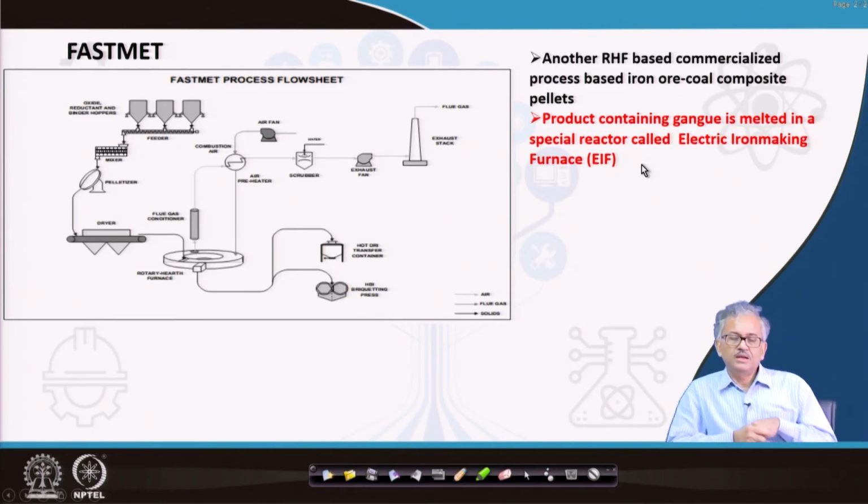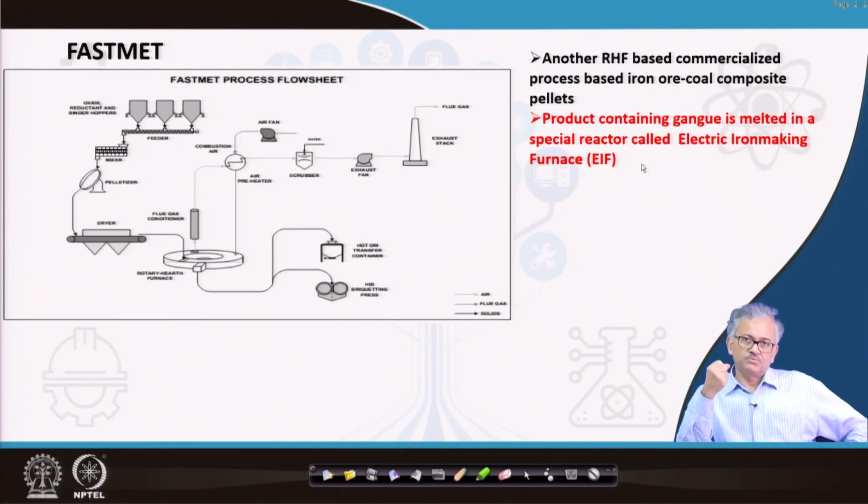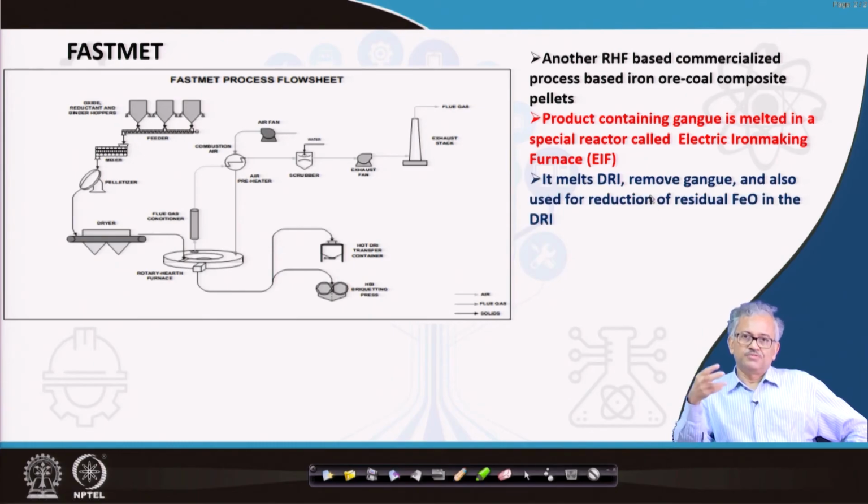The product contains gangue, and whatever the sponge iron product is, you just melt it in what is called an electric iron making furnace. The electric iron making furnace basically also maintains some reducing atmosphere so that it can reduce some amount of FeO that is left over after the direct reduction.